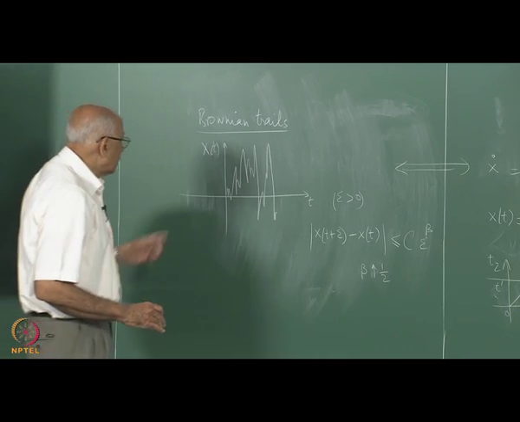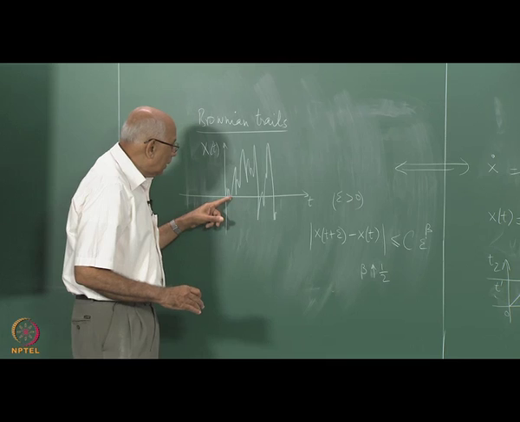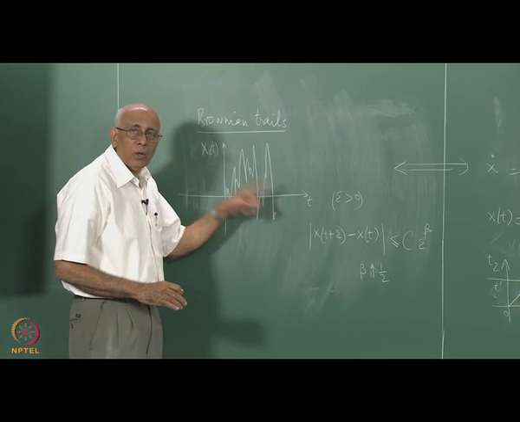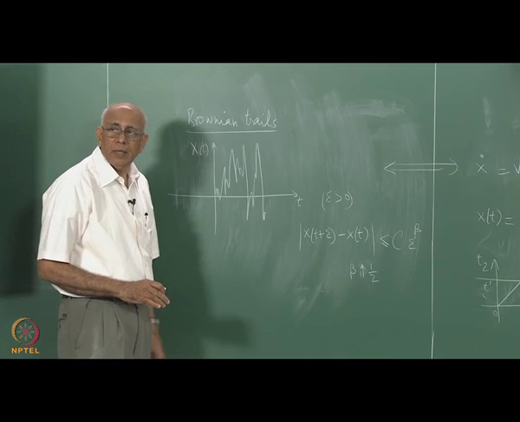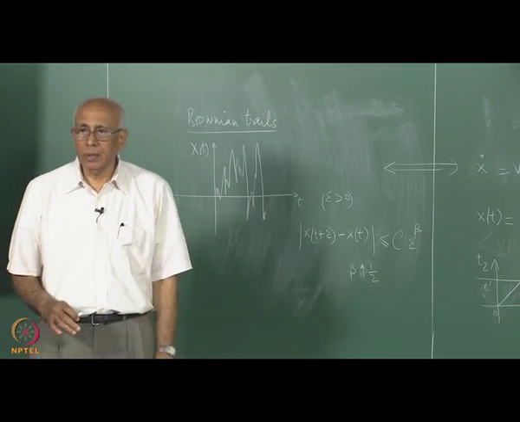The next property is that these points where it crosses the origin form the 0 set of Brownian motion.